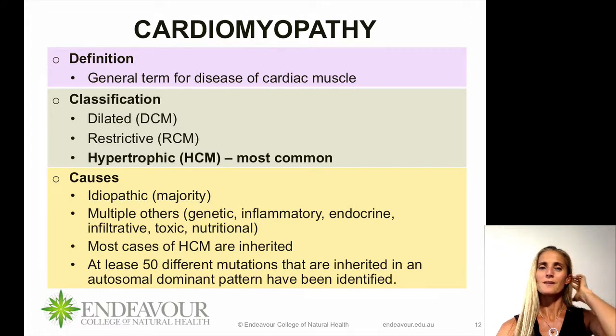There can be a lot of other causes as listed here, so genetic, endocrine, inflammation-related, nutritional. Most of these cases of the hypertrophic cardiomyopathy are inherited, and there have been about 50 mutations that have been linked to this condition.